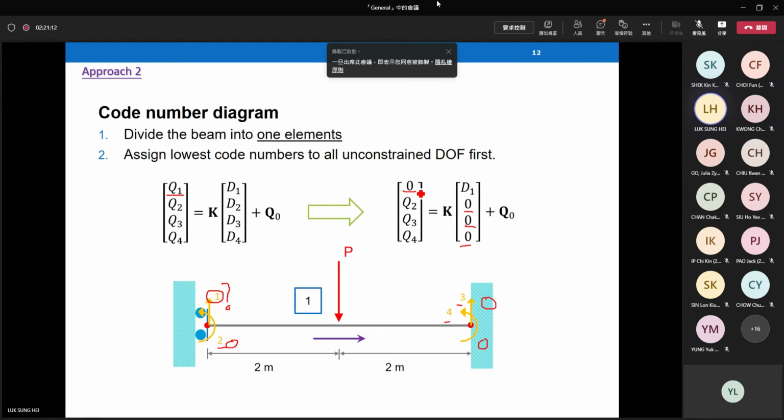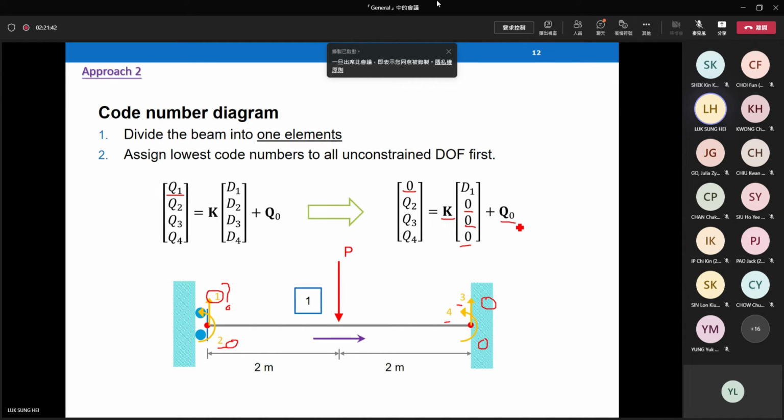So you can see that in this problem, if you treat this as one single element, you can simplify the problem a lot. Firstly, you have fewer degrees of freedom. Second, you have only one element, which means small k equals big K. There is no need to do assembly because we have only one element. All you have to do is calculate the fixed end force vector, Q0. Q0 is quite easy to evaluate.